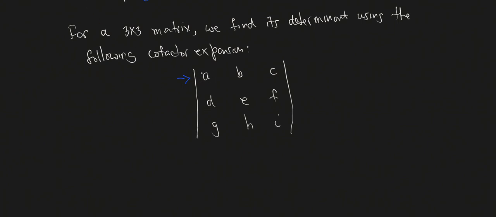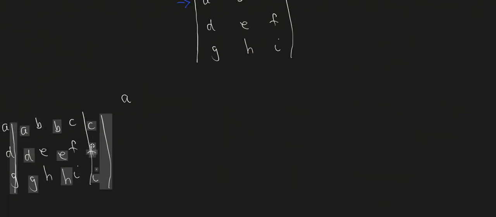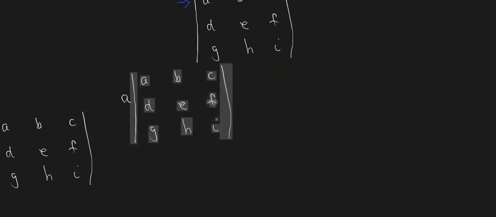First, I'm going to write down the letter A, the entry in the first row, first column. I'm going to copy this because I'm going to use it over and over, and put it right next to what we have there.